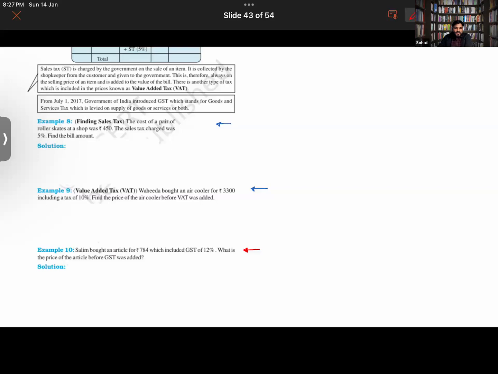Salim bought an article for rupees 784, which included GST of 12%. What is the price of the article before GST was added? Same question, basically. Yes, sir. Try solving it quickly.